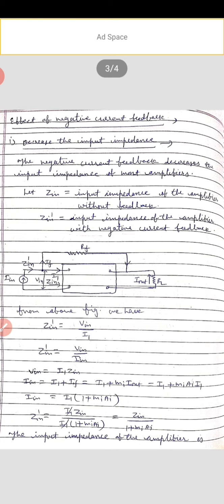First, the effect on the input impedance. It decreases the input impedance. The negative current feedback decreases the input impedance of most amplifiers. For this, let Zin be the input impedance of the amplifier without feedback, and Zin dash be the input impedance of the amplifier with negative current feedback.